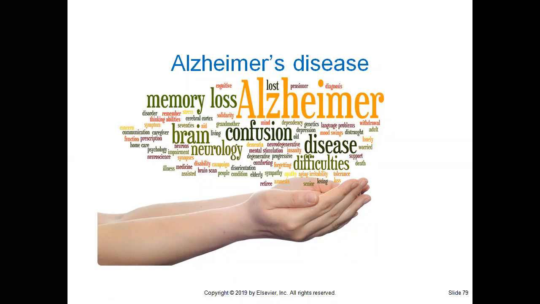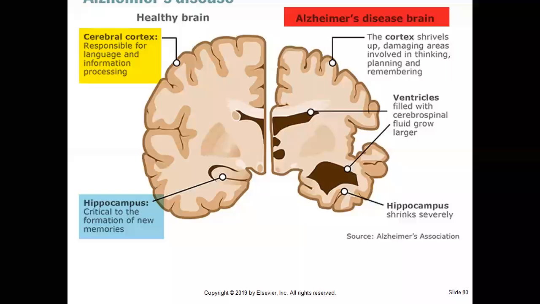We will figure out the defense mechanisms used by the patient and the key medications used to treat Alzheimer. We will also talk about the nursing care of the Alzheimer patient and home safety. In this picture, we compare and contrast a healthy brain and an Alzheimer brain.